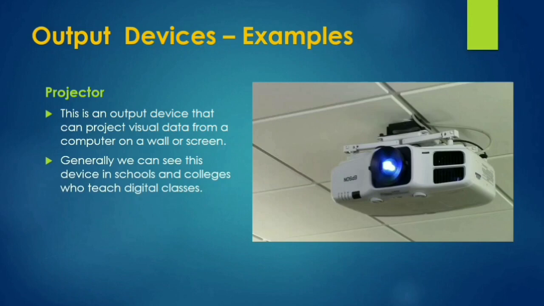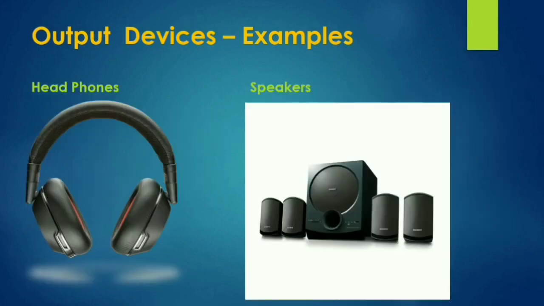If we connect your projector, then the data or the movie in your computer will be shown on your wall. Generally, we can see this device in schools or colleges who teach the digital classes. Yeah, we have many other output devices like headphones and speakers.